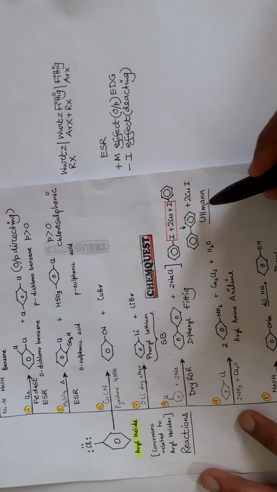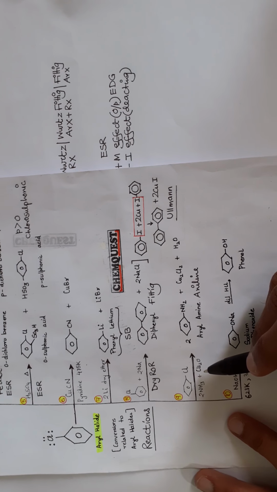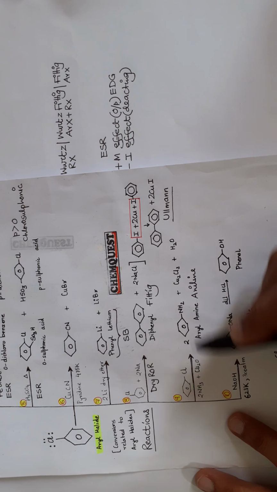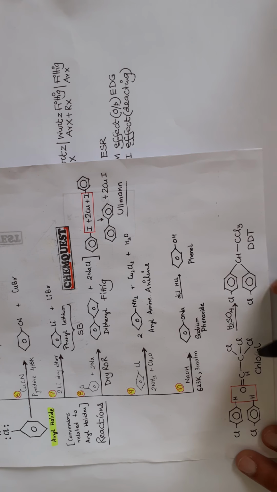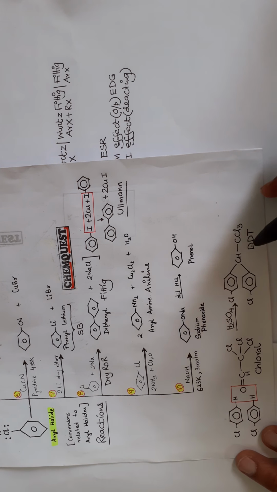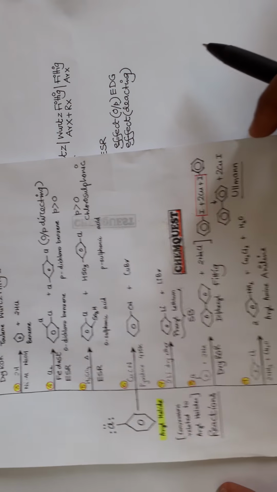Next one, Fittig and Ullmann reaction. Number 9 is using ammonia to form aniline, and Dow process is involved to form phenol. Water removal from the chloral by using chlorobenzene to form DDT.